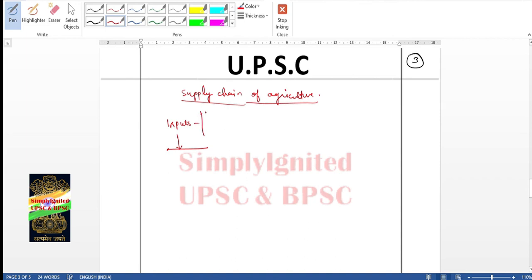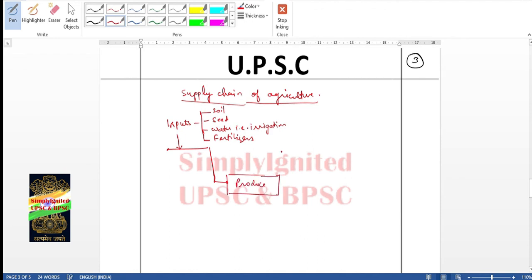Inputs are what? Soil, seed, water, that is irrigation in this case. Then you have chemical fertilizers. These are the inputs. Then you go on to the produce, whatever you have produced.